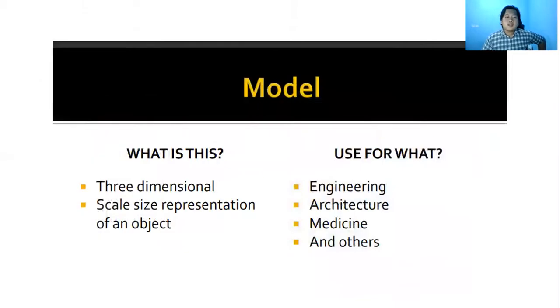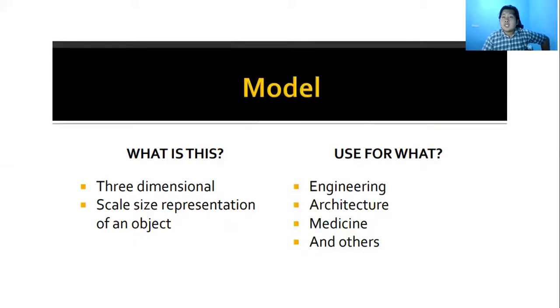Next is the model. What is this? It is a three-dimensional scale size representation of an object. Have you seen a terrarium? It is a box, like an aquarium, with a miniature of a house and plants and animals together with it.